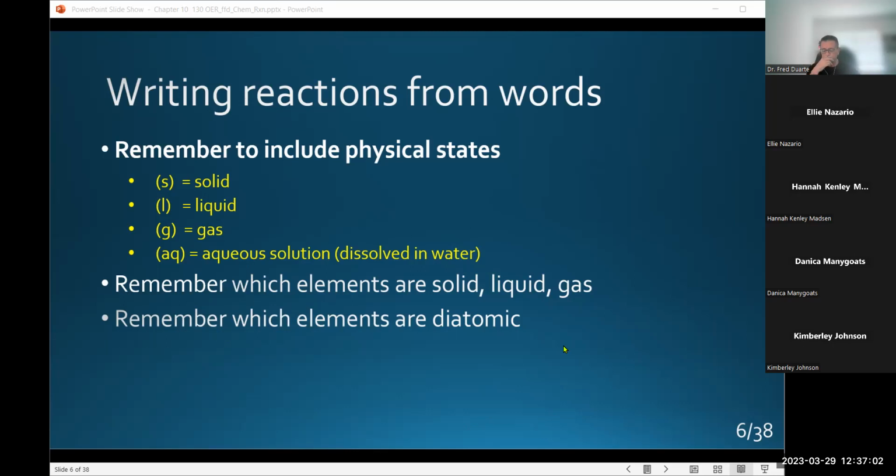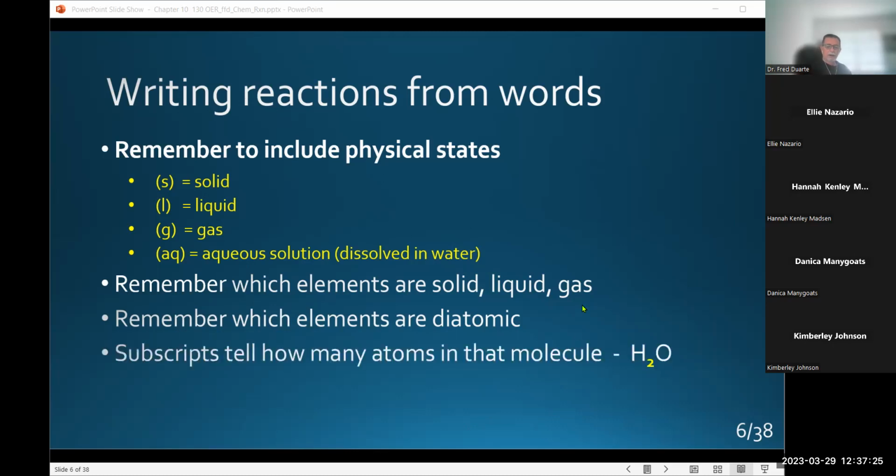Remembering the diatomic: if you're asked about chlorine in the presence of sodium, for example, you have to remember that chlorine is diatomic, so we would write the correct formula of Cl2, subscript 2.